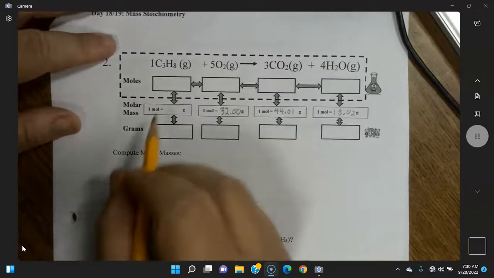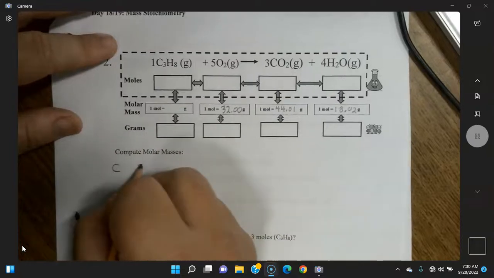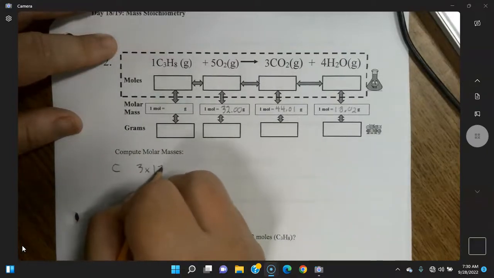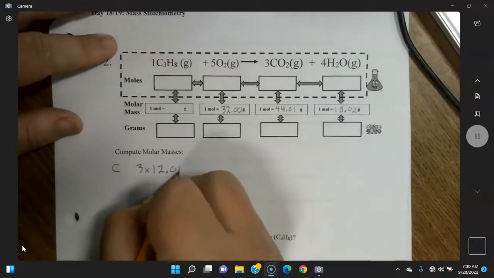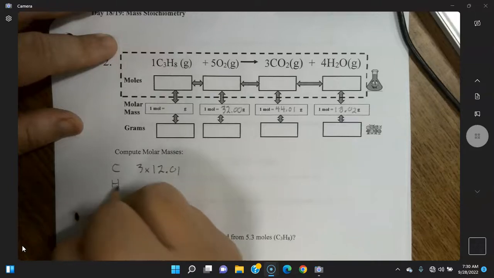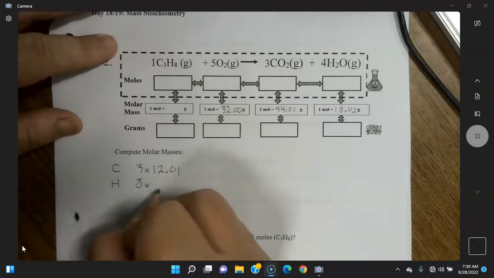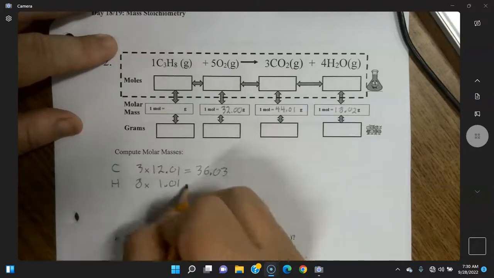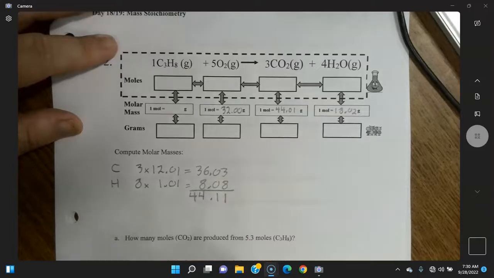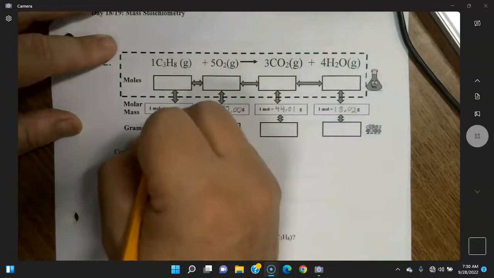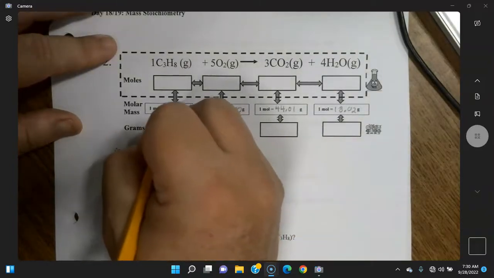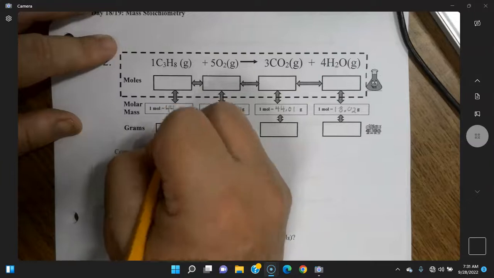It's going to be C, you have 3 of those, times 12.01. H, you have 8 of those, times 1.01. And that gives you 44.11 grams per mole. So that's what goes up here. Okay, so that's how you would do that.